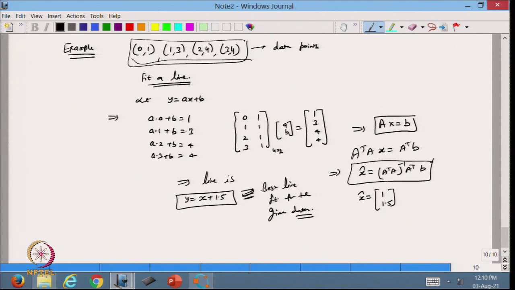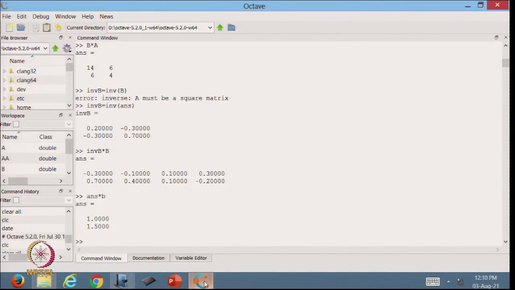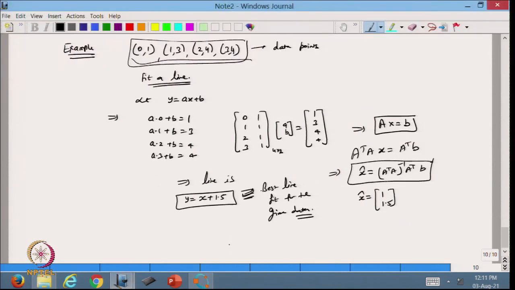So, this is the way we have been able to find the solution. This is the least square solution, and now I think we should stop.